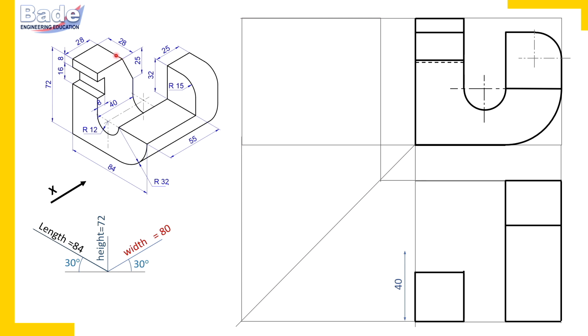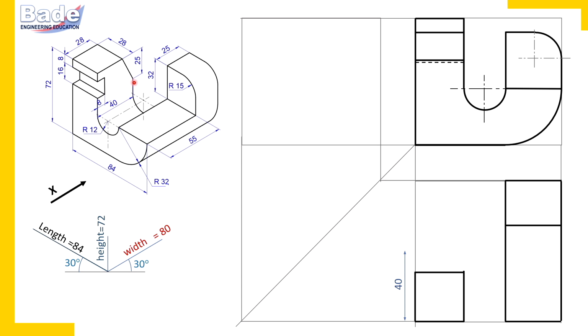From this corner there is an edge 28 millimeters long parallel to length. From this corner there is an edge 28 millimeters long parallel to length. Similarly, from this corner there is an edge 28 millimeters long parallel to length. So this edge we are going to draw. It is 40 millimeters from front. This corner is 40 millimeters from front.